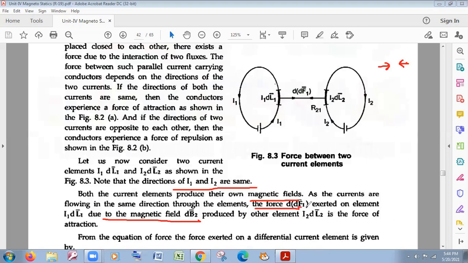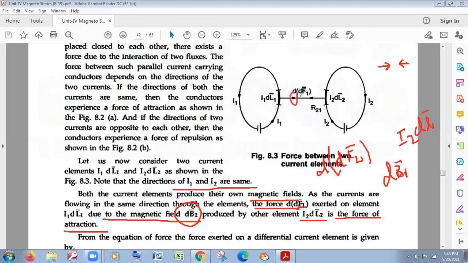See here, dF1 is exerted on the element I1 dL1 bar due to the magnetic field dB2 bar of the second conductor, produced by the element I2 dL2 bar, and it is a force of attraction. Suppose this force is dF2 bar, exerted on the element I2 dL2 bar due to the magnetic field dB1 bar.